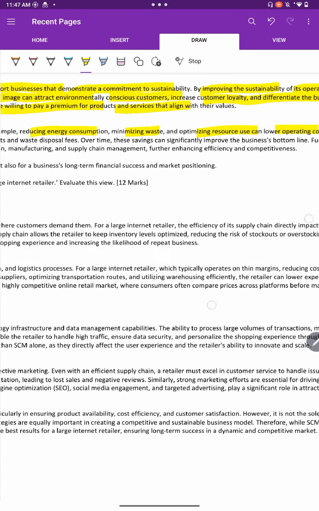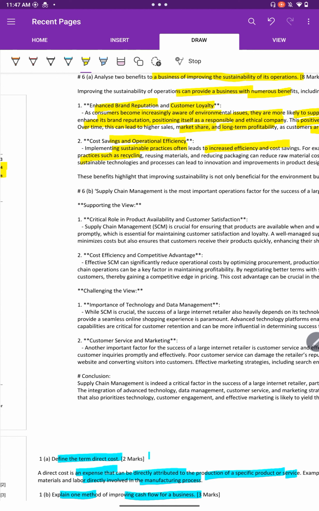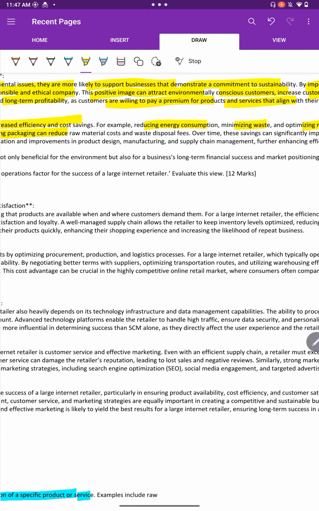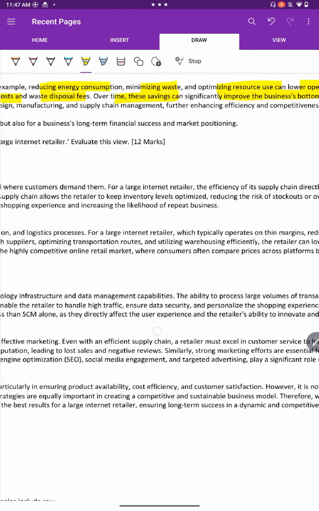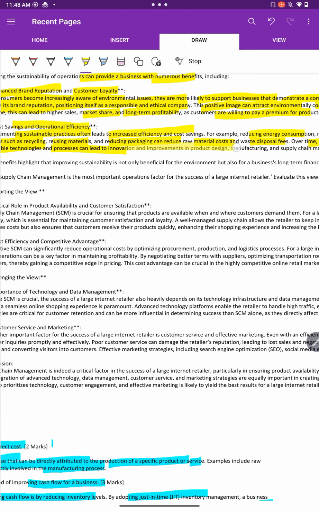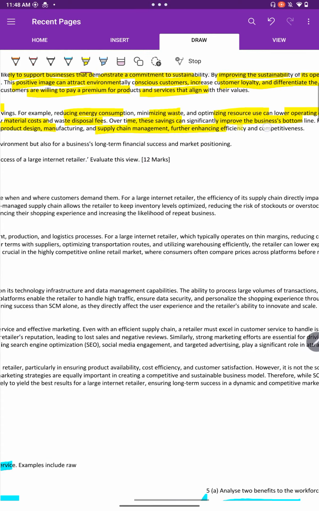Additionally, sustainable practices such as recycling, reusing materials, and reducing packaging can reduce raw material costs and waste disposal fees. Over time, these savings can significantly improve the business's bottom line. Furthermore, adopting sustainable technology and processes can lead to innovation and improvement in product design, manufacturing, and supply chain management, further enhancing efficiency and competitiveness.